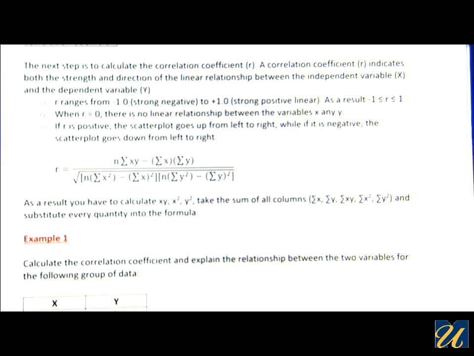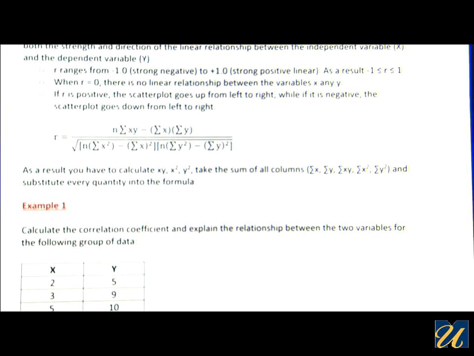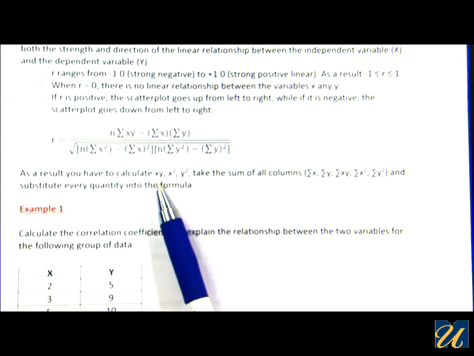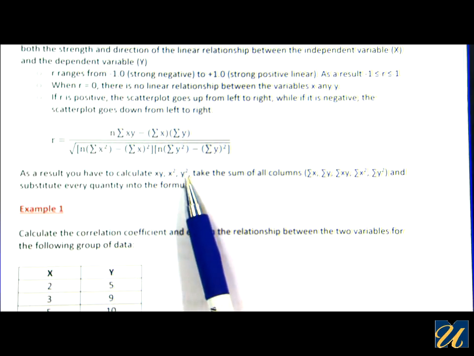Make sure you use your parentheses the right way, and in order to use the formula, you would need to calculate x times y, x squared, y squared, and then take the summation of all the columns.